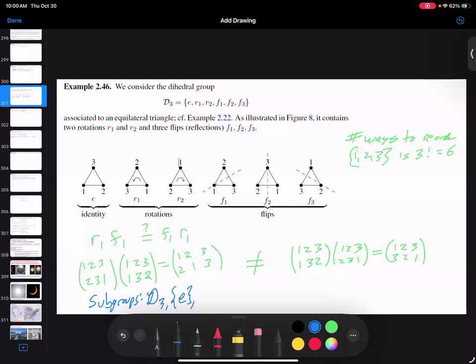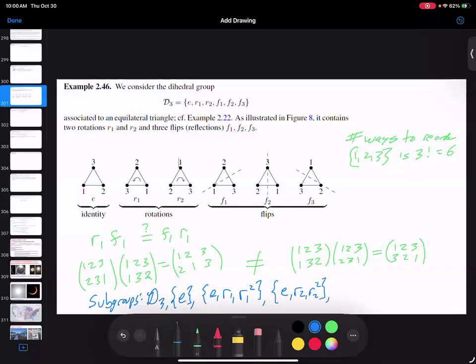And now you said the rotations. So we could do e, R1, R1 squared. What's R1 cubed going to be? What would happen if we rotate 3 times? We rotate once, we get to 2, twice we get to 3, 3 times we come all the way back to 1. So R1 has order 3. So that would be a subgroup. Similarly, we could have e, R2, R2 squared.